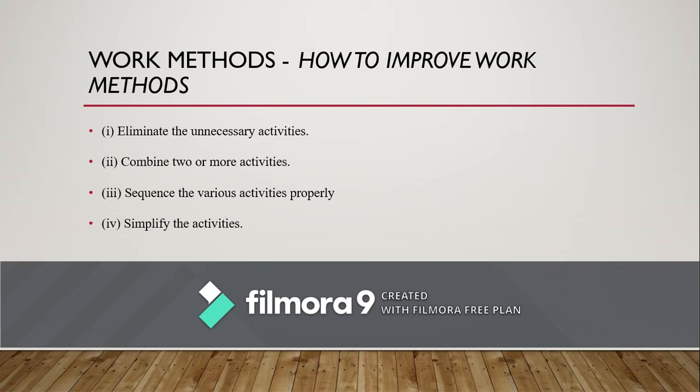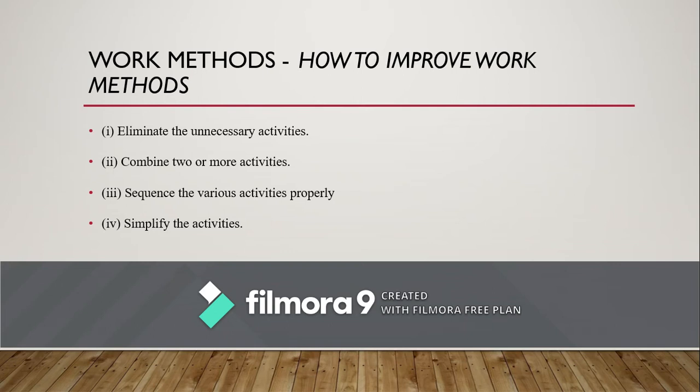First one is eliminate unnecessary activities. Second is combine two or more activities. Third is sequence the various activities, and then simplify the work activities. What is elimination? First of all, you should jot down what the activities in the process are, and then eliminate the unnecessary or unwanted activities, which is an important step in developing an improved method.